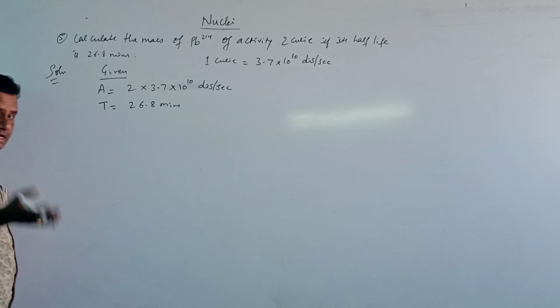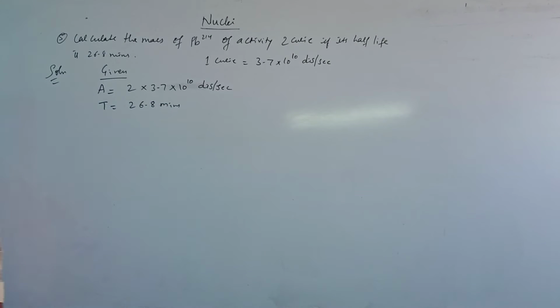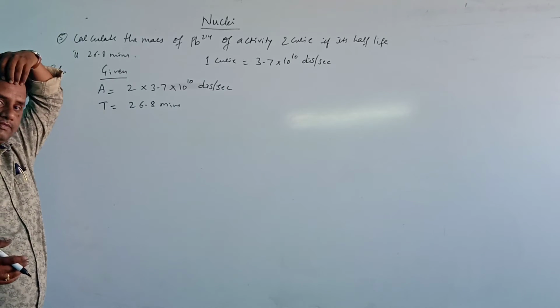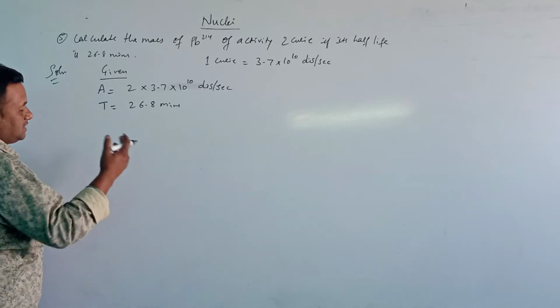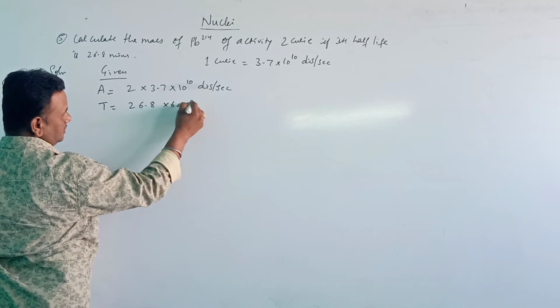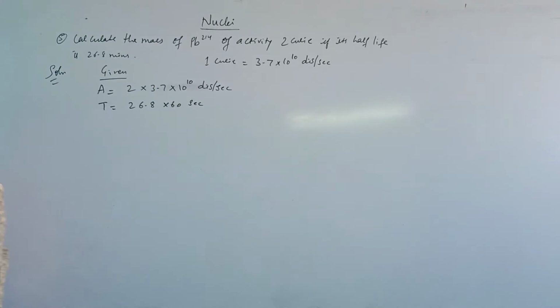In the previous questions, he had given in terms of years, so there we converted it to seconds. How? 365 days into 60 minutes into 60 seconds. Here he has given in terms of minutes only. So in 1 minute, how many seconds are there? 60 seconds. So we convert it to seconds, into 60 seconds. So this is our half-life.